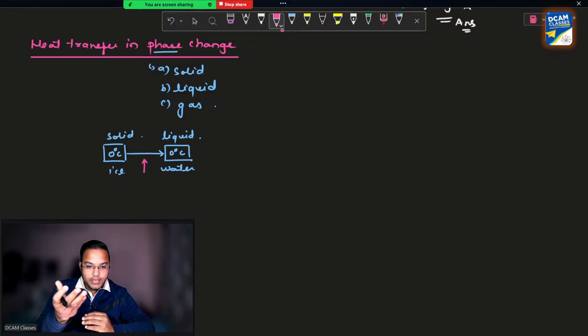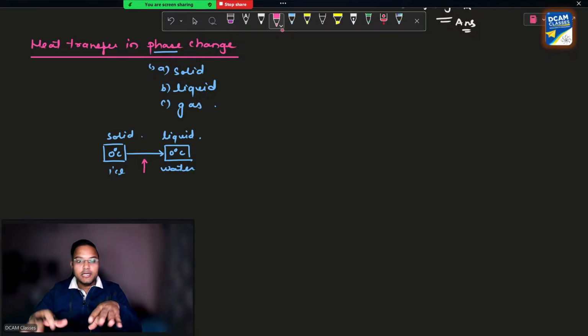Now when you give heat, they absorb energy, start moving, and break the bonds, so the bonds are weakened and the solid has become liquid. So it absorbed energy, but what kind of energy, that we have to calculate.